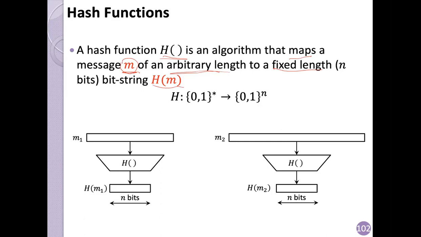Or if you look at them as hex, we can also show them as hex numbers, or we can also represent them as ASCII. But at the end of the day, both the inputs and the outputs of a hash function are binary numbers. We just represent them differently. We may represent them in binary. If we go in binary, we end up, for example, showing a sequence of 128 bits.